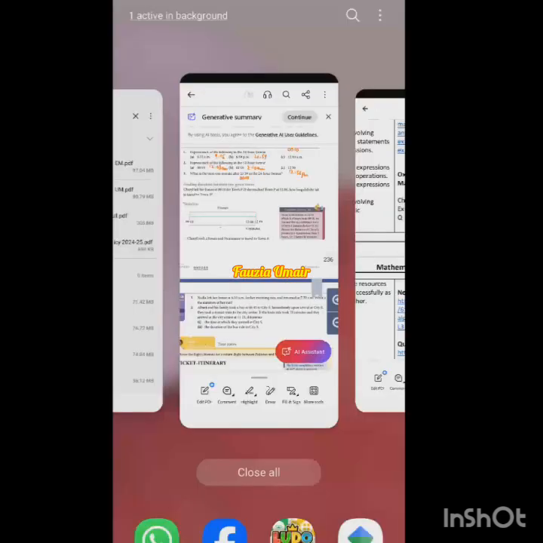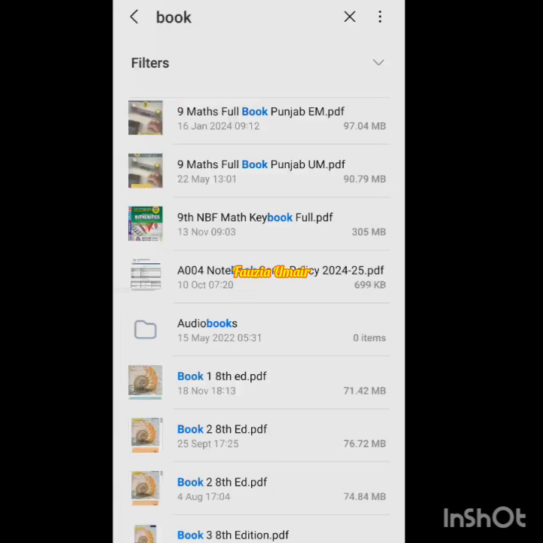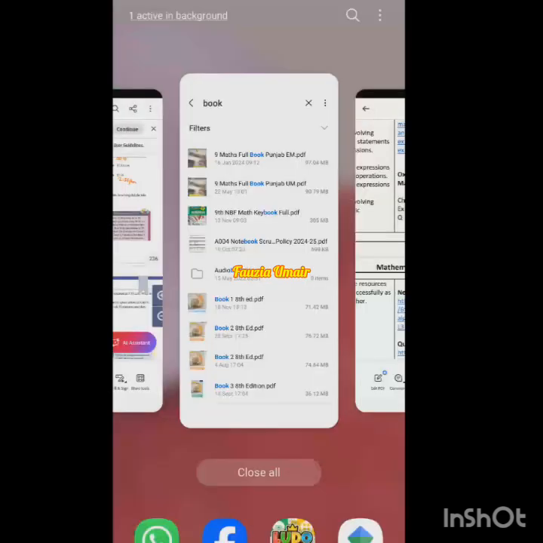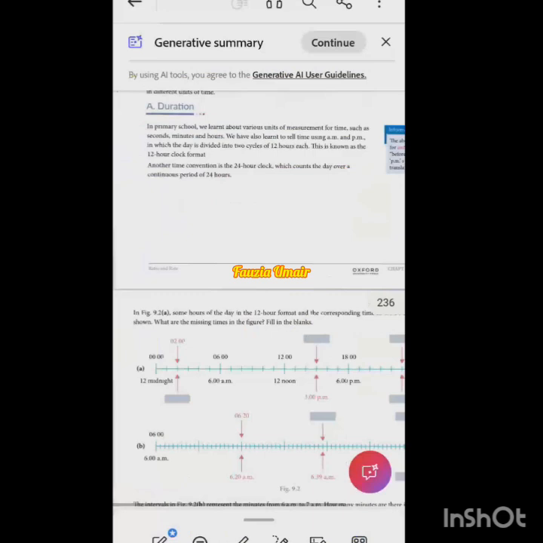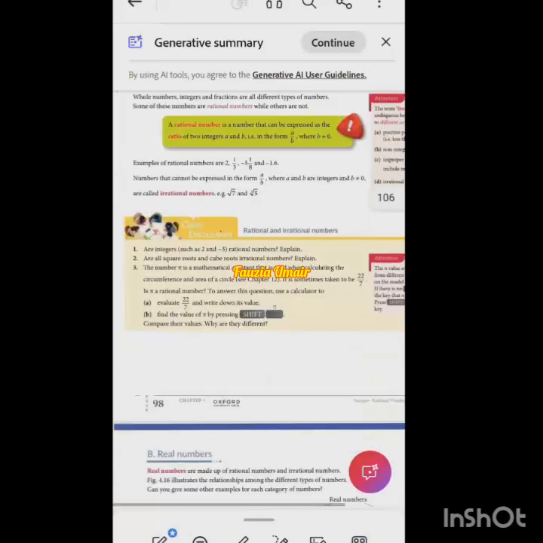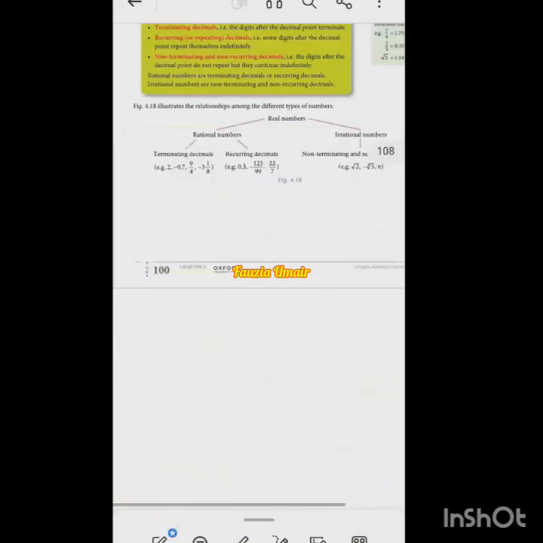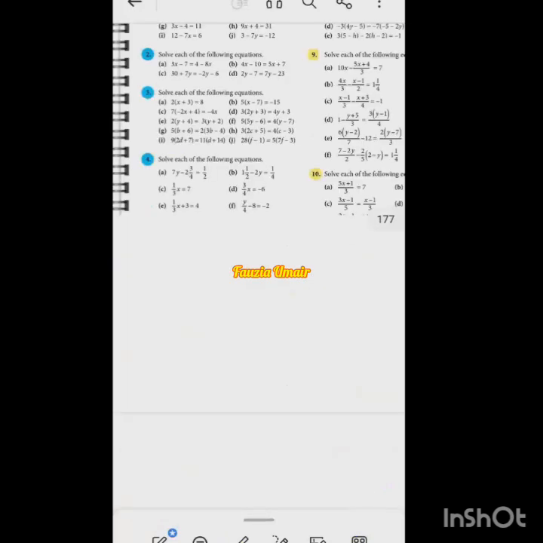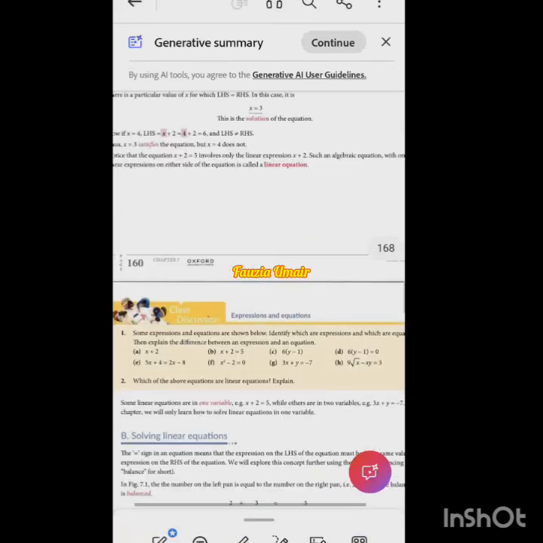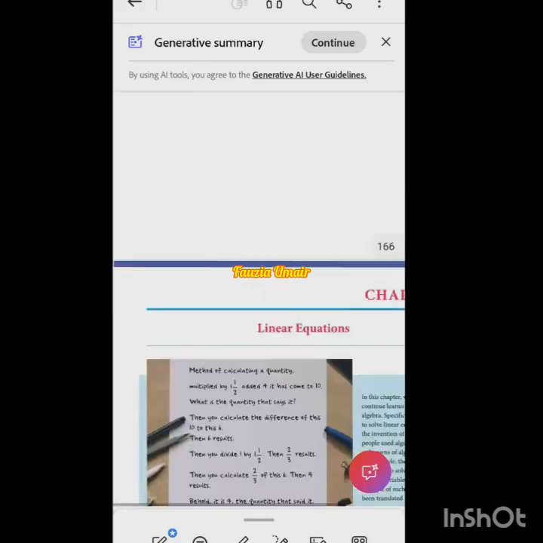So exercise 6A, let's just look at these questions. Time is also short now. This is 7A and this is 6A.